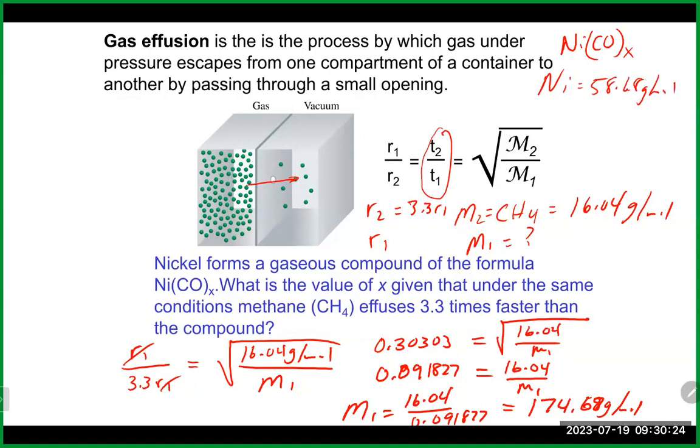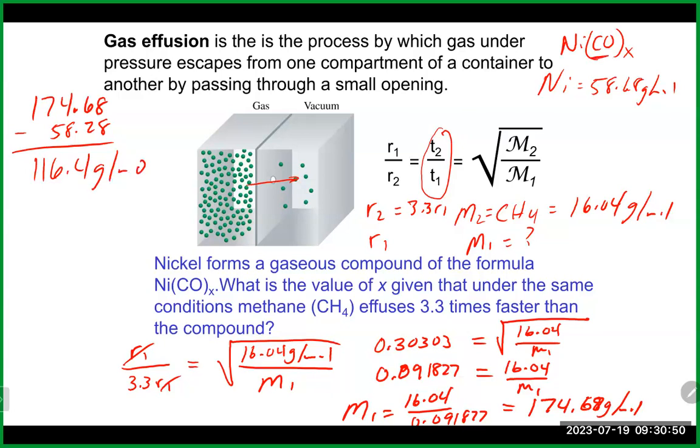So I know for sure that I have one nickel in my formula, right? So if I take 174.68 and subtract nickel's molar mass, which I know for sure is there, provided I read that number right, 174.68 minus 58.28 gives us about 116.4 grams per mole.